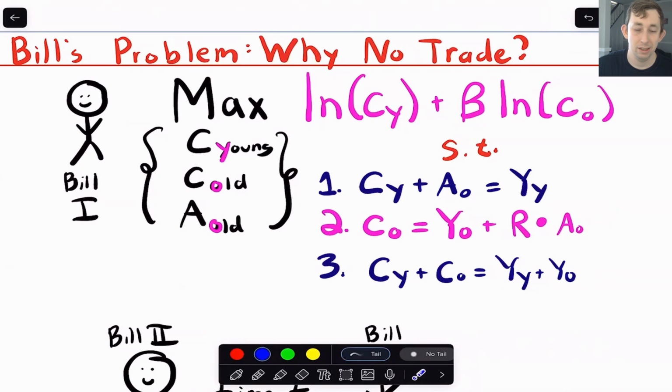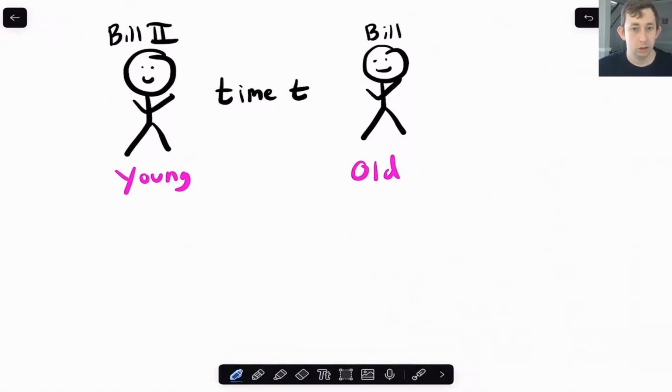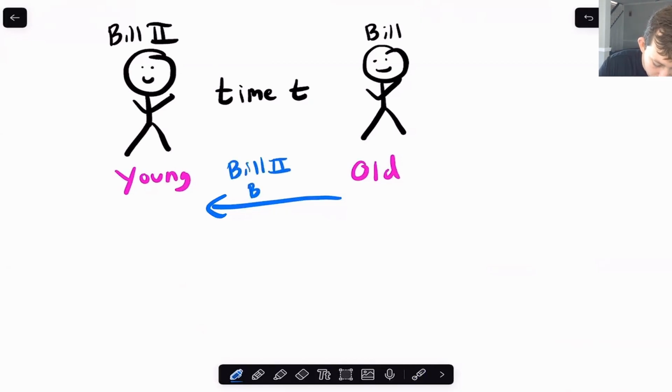So now that we've gotten that all straightened out, let's talk more about why there's no saving in the overlapping generations model as we've written it. So for this example, consider Bill the second and Bill, and we're at time t. So if Bill the second wants to borrow from Bill old, so he wants the assets to go this way, so Bill the second wants to borrow, an extra L there, so he's going to borrow.